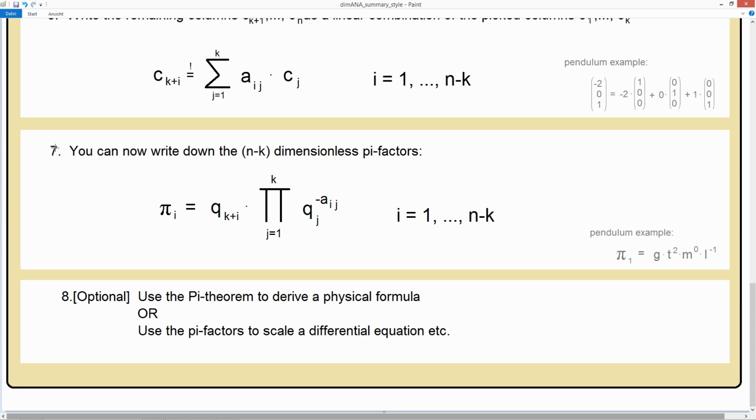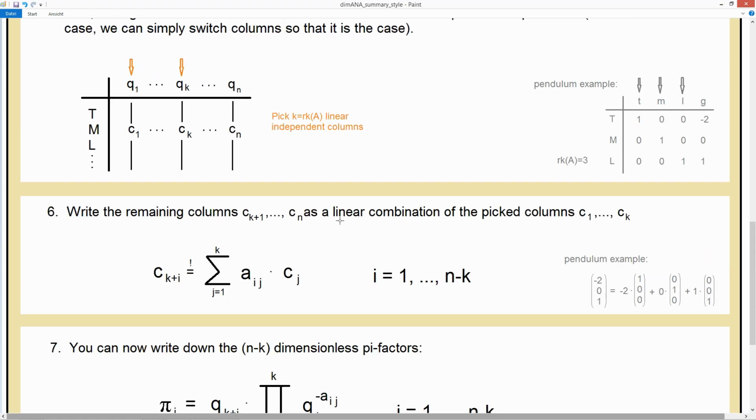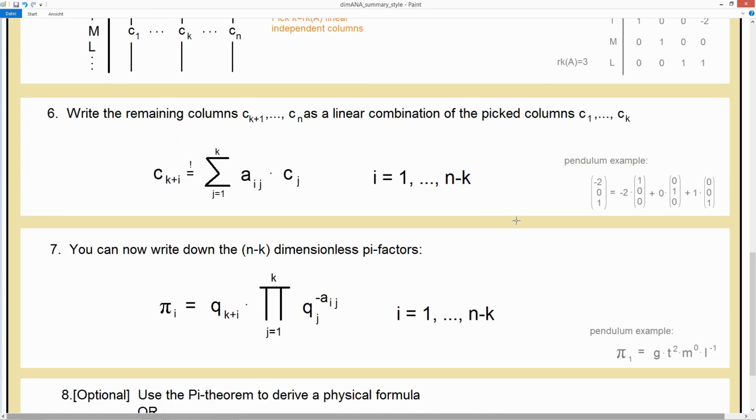So in step 7, we can write down the n-k dimensionless pi factors. They can be calculated by using this formula here. So here we have the quantity that corresponds to one of the remaining columns, or in our example, this column here.